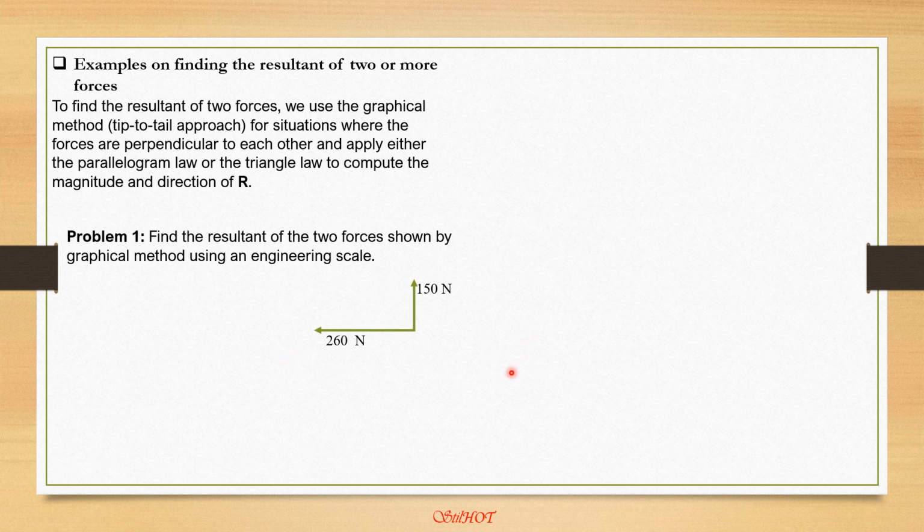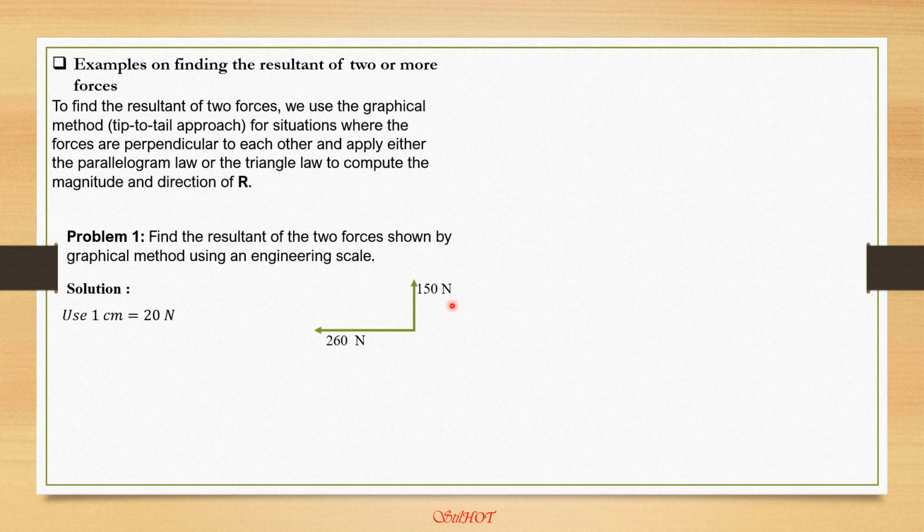So here, we can have a scale of 1 centimeter equals 20 newtons. So that 260 newtons divided by 20 is 13 centimeters, and 13 centimeters will definitely fit on a short size bond paper, or even much more for long size bond paper.